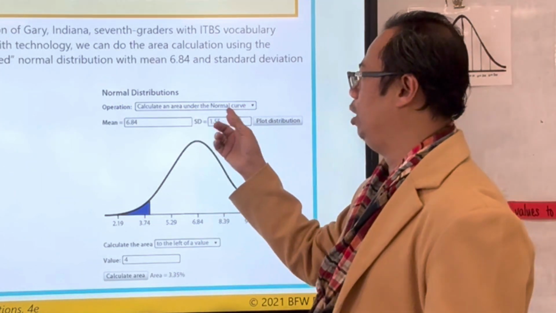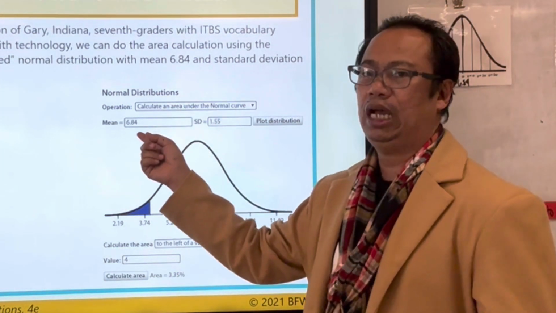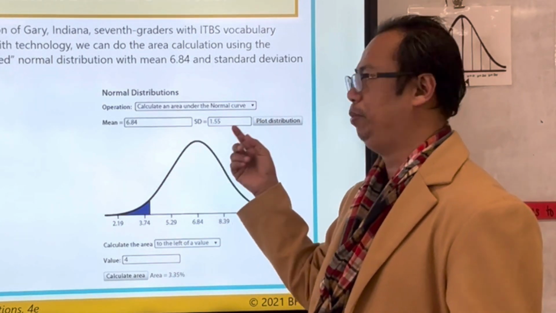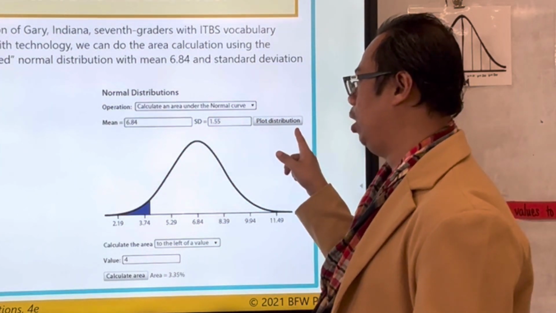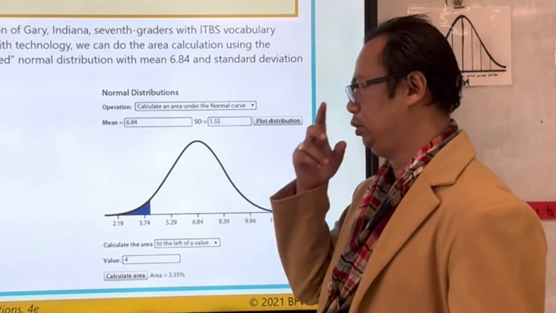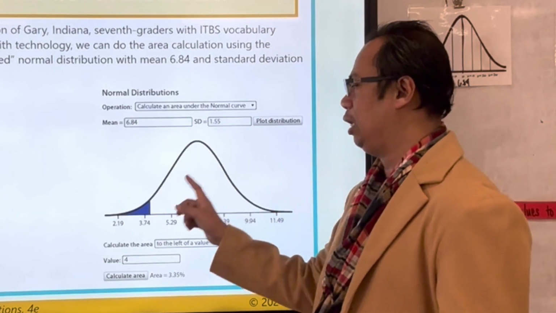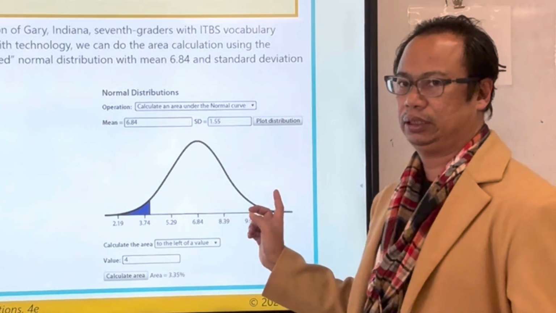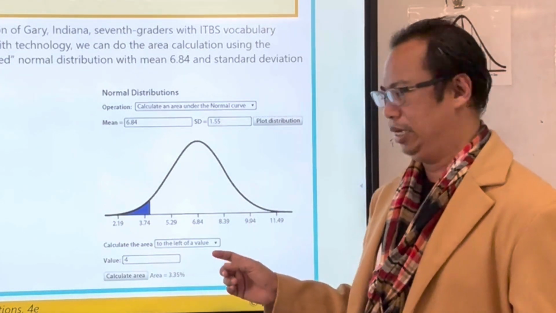So still we got a normal curve, but this time the mean is 6.84 and the standard deviation is 1.55. Then click the button, plot distribution. You will see this figure on the ST applets.